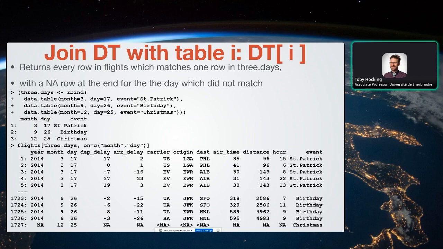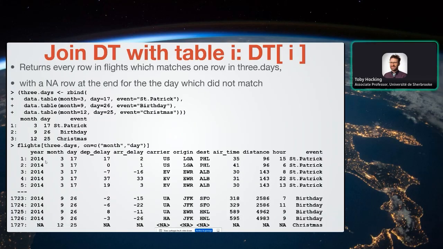Well, here we would do flights, square brackets, 3 days, and then we can use this on argument to specify which columns we want to use for the join. So on equals c(month, day) means that we're going to look at the month and day columns here in the data, and we're going to select the corresponding data from flights based on those columns.